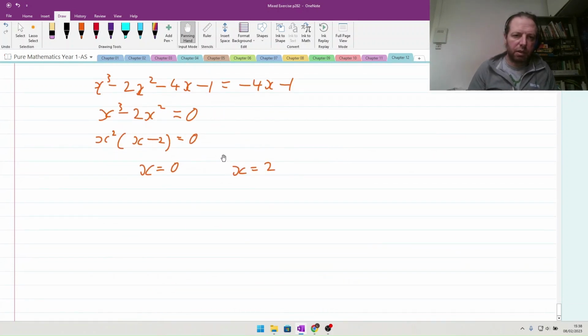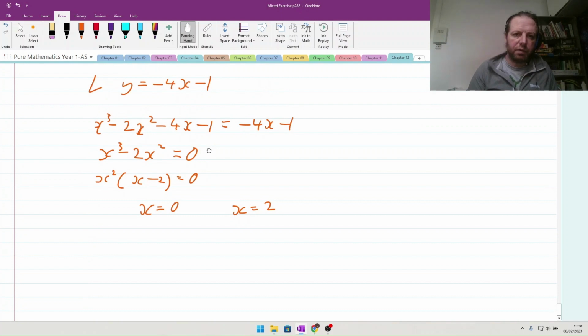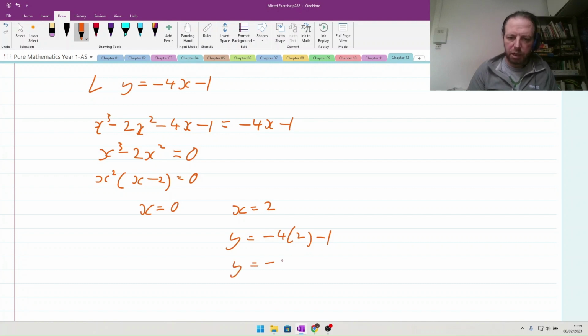Okay, so for that coordinate, we can use the line just because it's simpler, which was minus 4x minus 1. We can say that y is equal to minus 4 times 2 minus 1, minus 8 minus 1, minus 9. Y equals minus 9. So we have the point 2, minus 9.